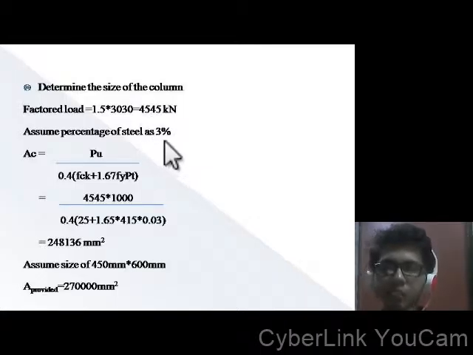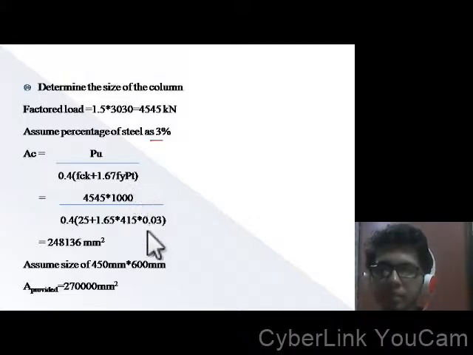Let us assume the percentage of steel here as 3%. So from that we can find out the value of AC, that is the cross-sectional area of the column. AC can be found out by this equation, substituting the value of PU, FCK, FY and the percentage of steel.